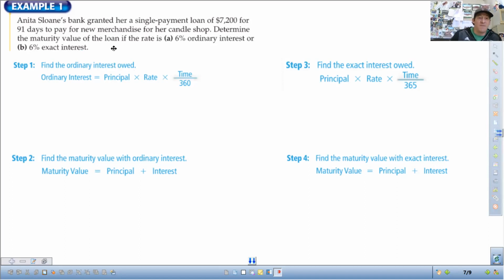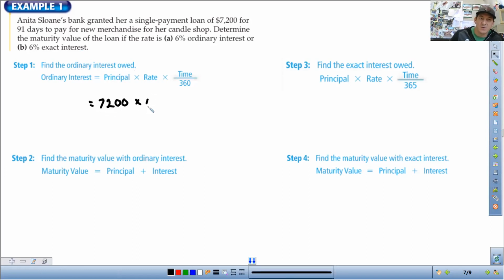So find the ordinary interest. You're going to do the principal, which is $7,200, times the rate. Don't forget to change it to a decimal, 0.06. Then times the time divided by 360. So it'd be 91 over 360. So let's switch over to a calculator, calculate that out.